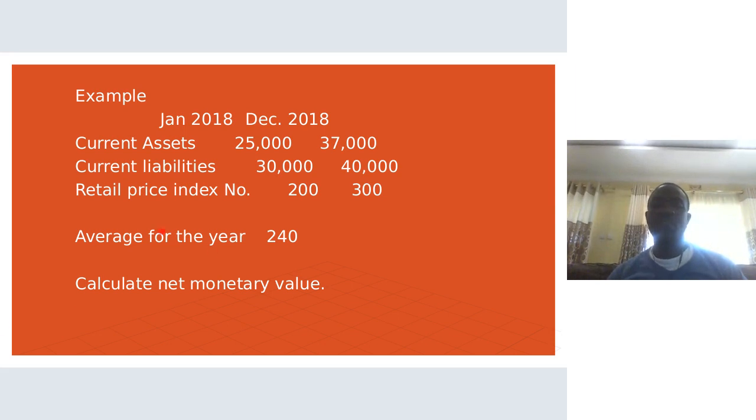Now for the average for the year, we have been given the average price index as 230 shillings. Then we are asked to calculate the net monetary value.